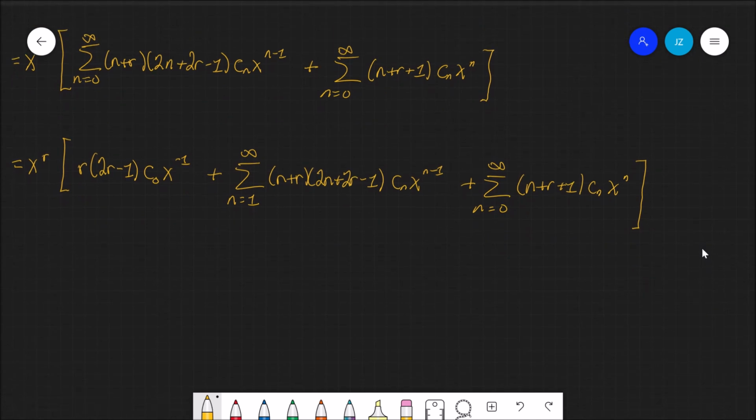We are now going to shift the index of this first summation so that it starts at n equals 0. That means that in the summation, everywhere you see an n, we replace it with n plus 1.